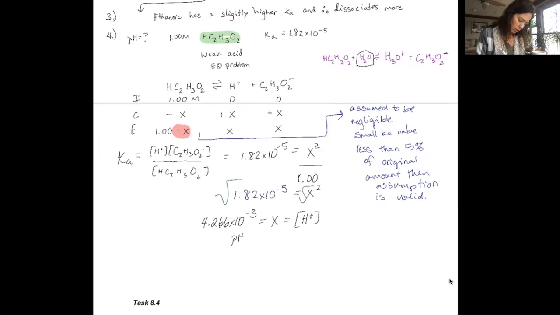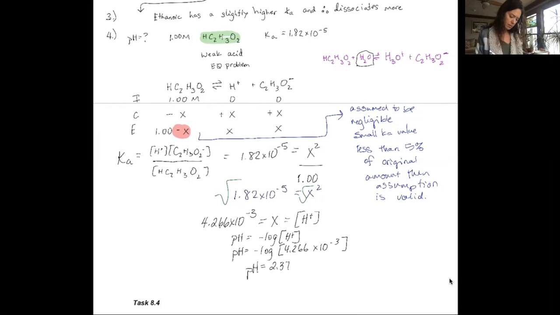The pH is equal to the negative log of H plus. Therefore, the pH is equal to the negative log of 4.266 times 10 to the negative 3rd. The pH should be between 2 and 3, and in fact, it is 2.37. Boom. Three numbers after the decimal in my pH. I'm not worried about it.